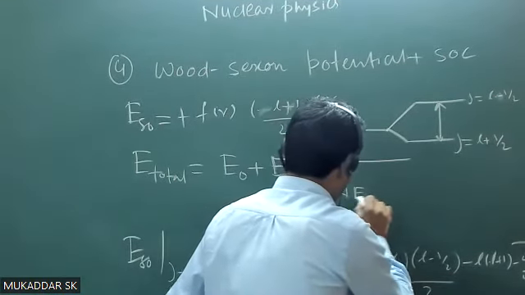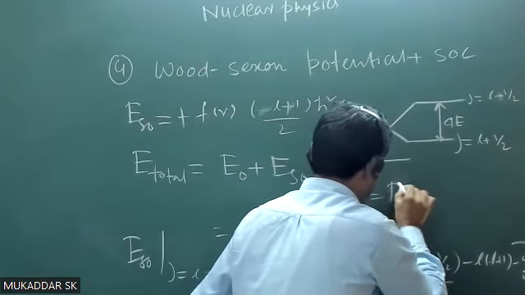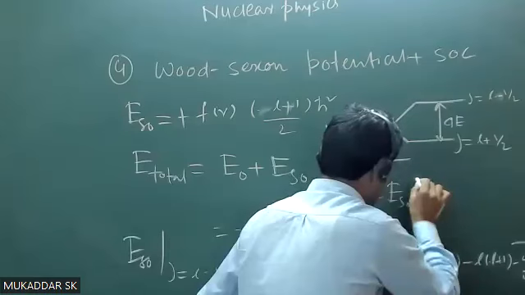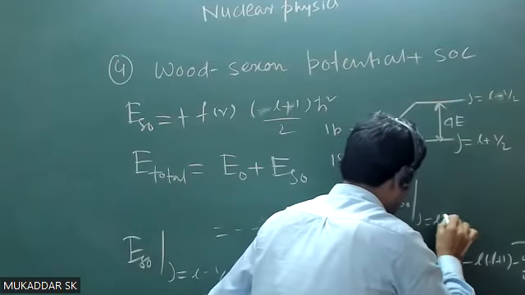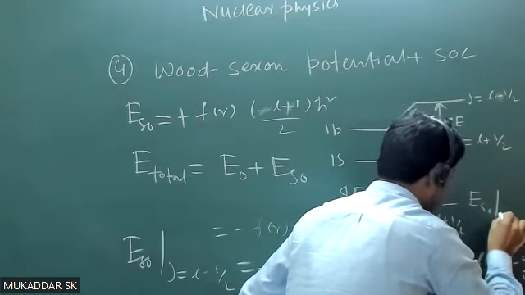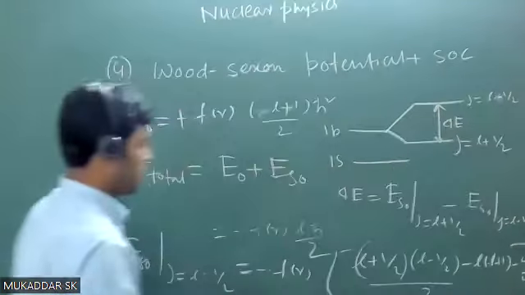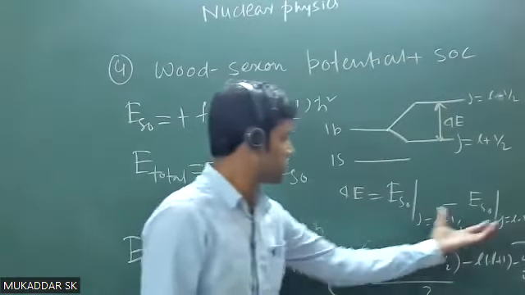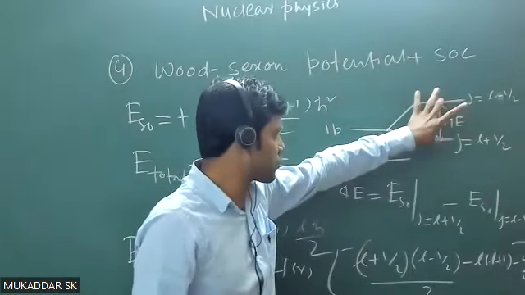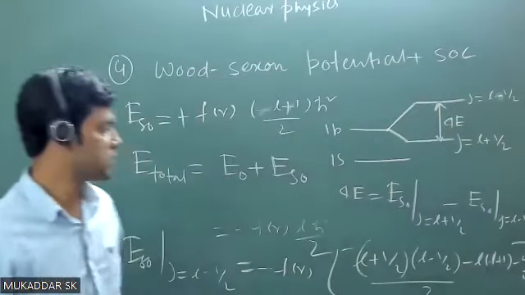This separation, if you denote it delta E, depends upon ESO at J equals to L plus half minus ESO at J equals to L minus half. You have obtained these values. So this will be the total separation, higher minus lower.